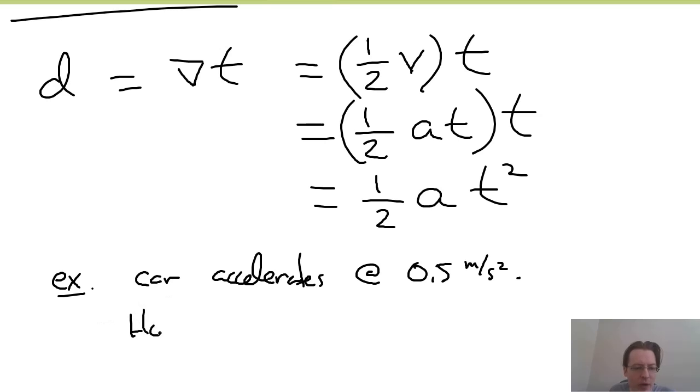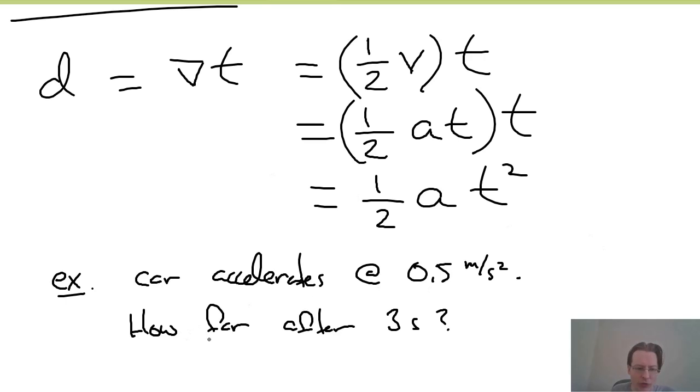How far does it travel after 3 seconds? Try it yourself, think about it, and try to get an answer. Pause it. I'm going to run ahead and give the answer.